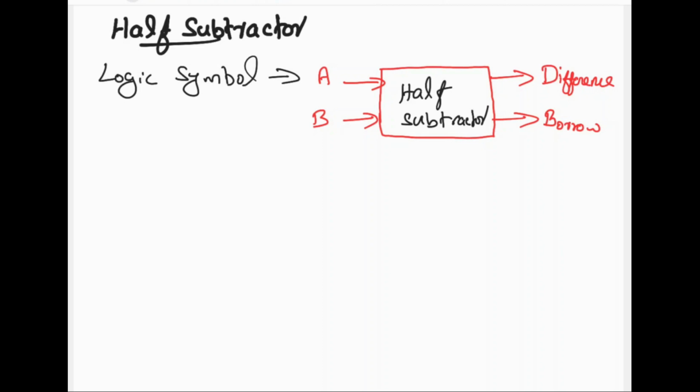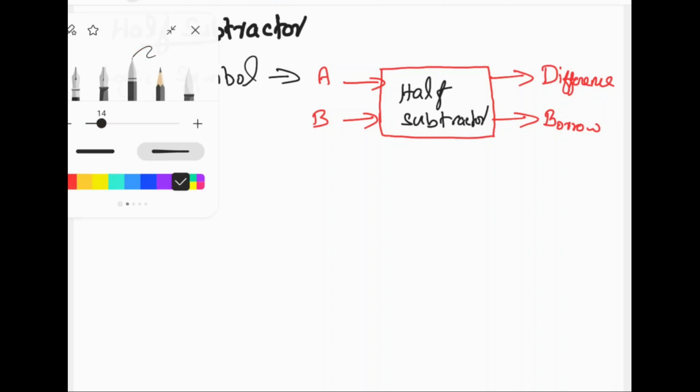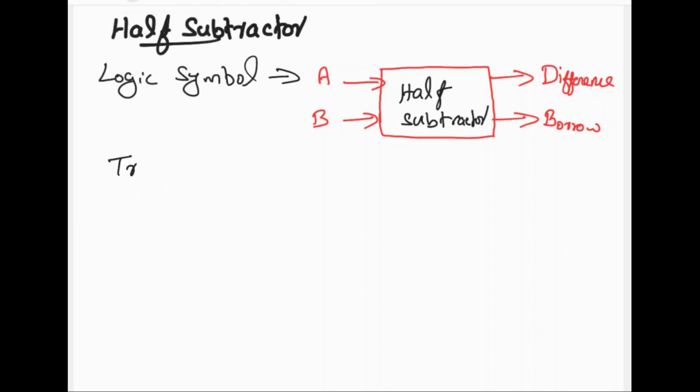Next we will see the truth table. We already know a truth table is a table which shows the relationship between input and output.